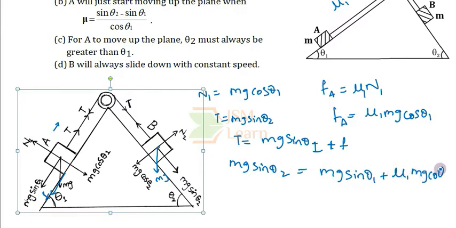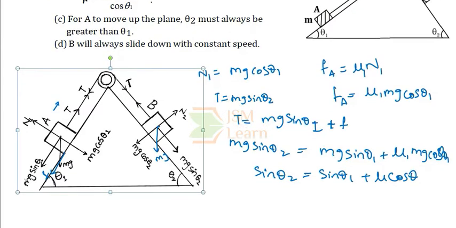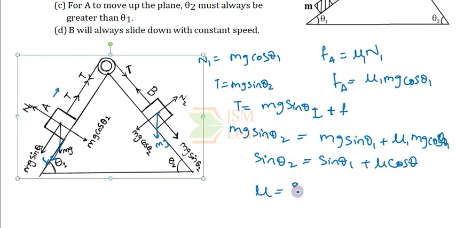So when I cancel mg on both sides, I get that sin theta 2 is equal to sin theta 1 plus mu cos theta 1. So when I solve further, I get that mu is equal to sin theta 2 minus sin theta 1 by cos theta 1.